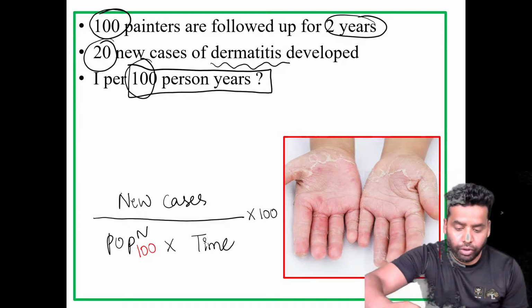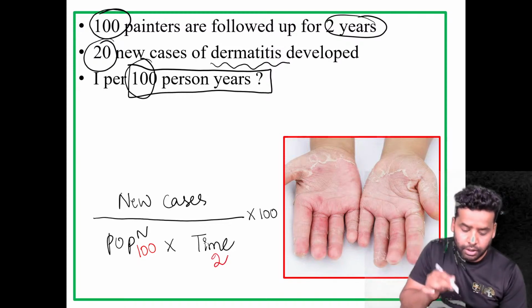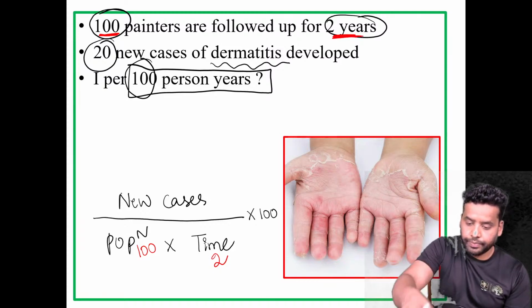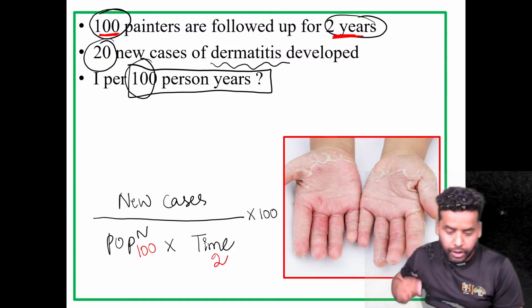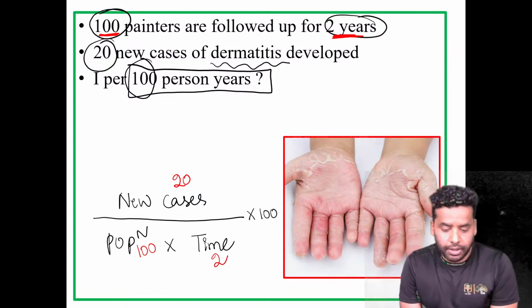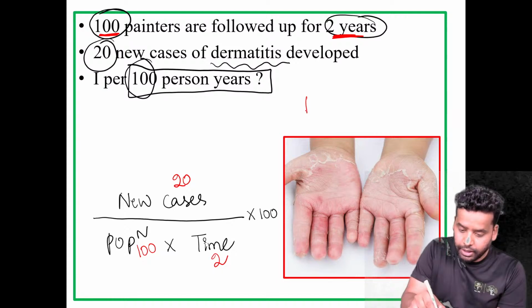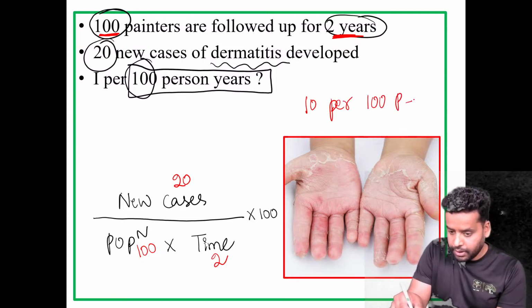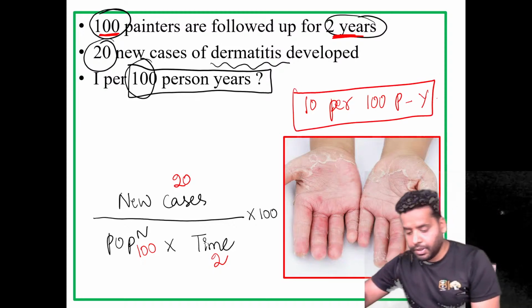How many years of follow-up? 2 years. How many new cases developed? 20. So now you calculate. How much are you getting? 10 per 100 person years.